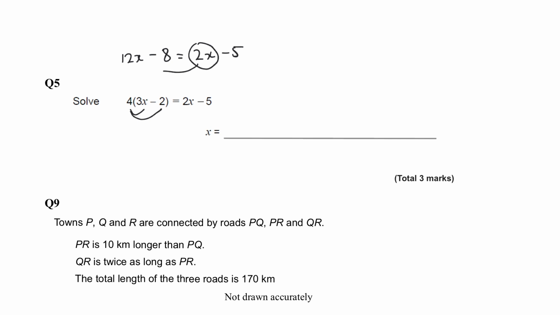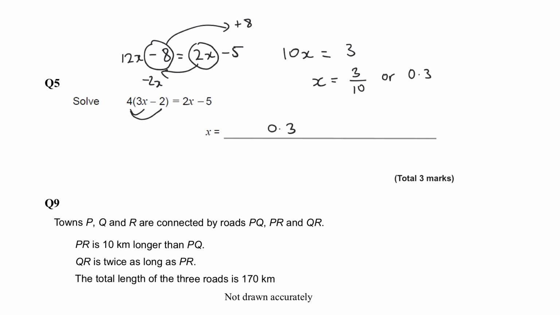So I'm going to move positive 2x over to be minus 2x, and minus 8 over to be plus 8. So 12x minus 2x would be 10x, and then minus 5 plus 8 would be 3. So then x is equal to 3 divided by 10. You can write it as 3 over 10, or you can write it as 0.3. Either way, you would get the same answer.